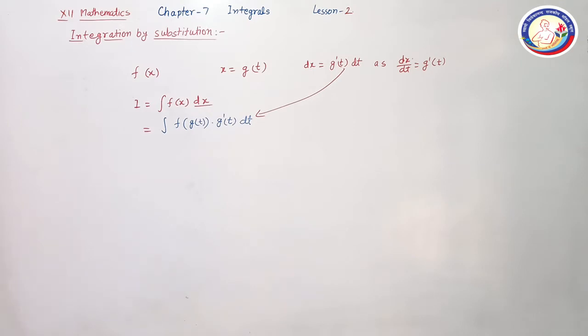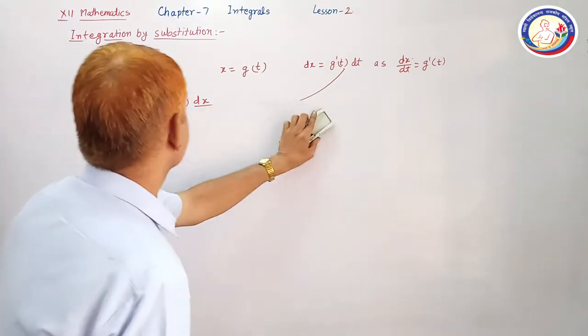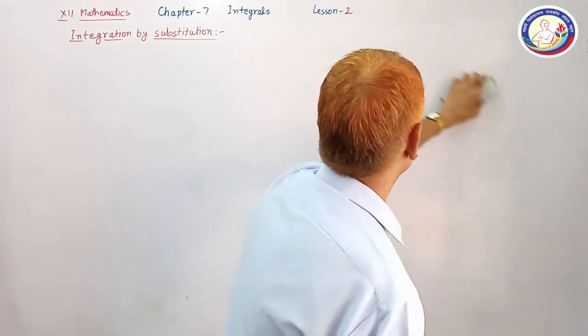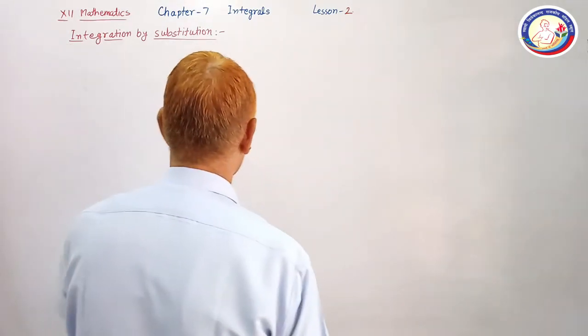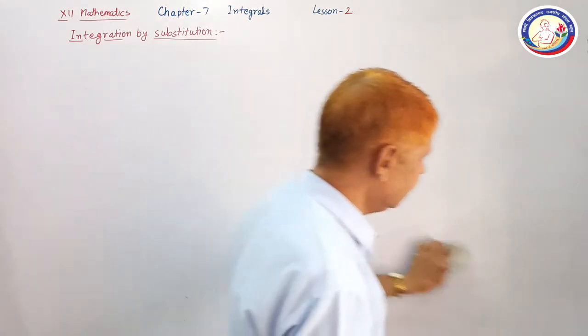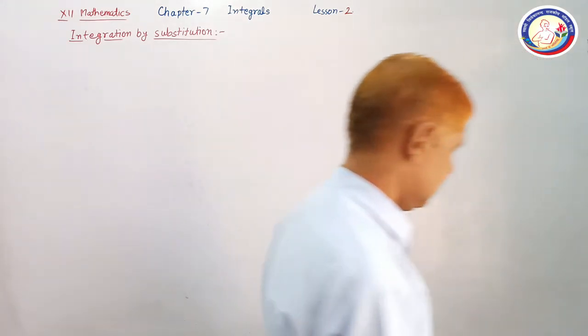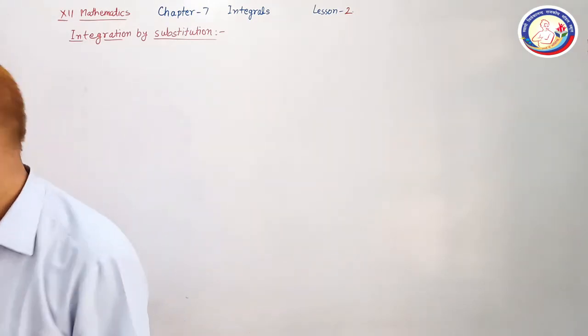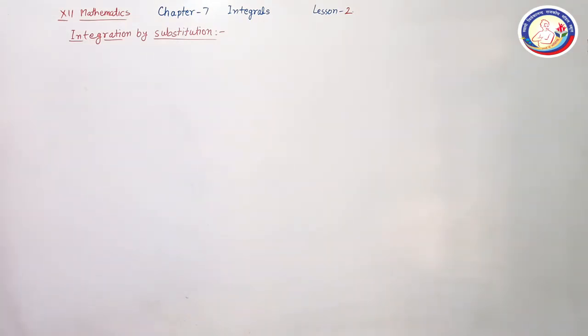Or if we substitute for a part of a function, or a function of a function, then we can easily obtain a form which is integrable. This is our key point to remember. Now taking an example and explaining it.